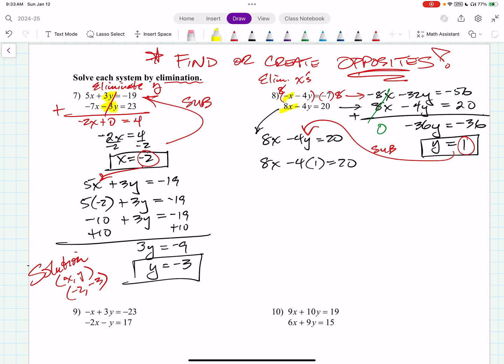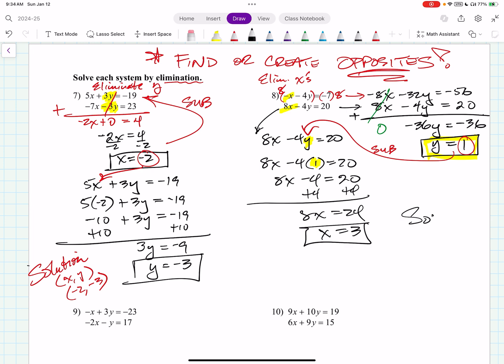Again, we're substituting in 1 because I know what the y value is. Okay, and then you just simplify it. All right, 8x minus 4 equals 20. Then add the opposite. And I get 8x equals 24. And then 8 times 3 is 24, so x is 3.